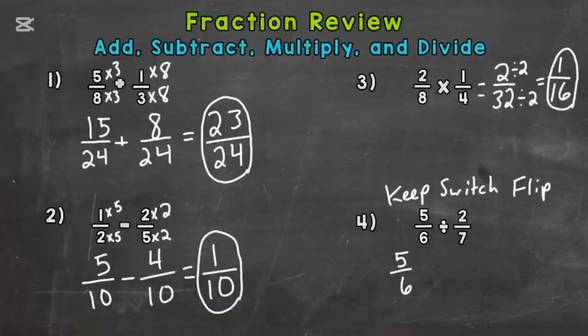We switch the division sign to multiplication, and we flip the second fraction. So the 7 is going to be our numerator, and the 2 is going to be the denominator. Keep, switch, flip. 5 times 7 is 35, and 6 times 2 is 12.